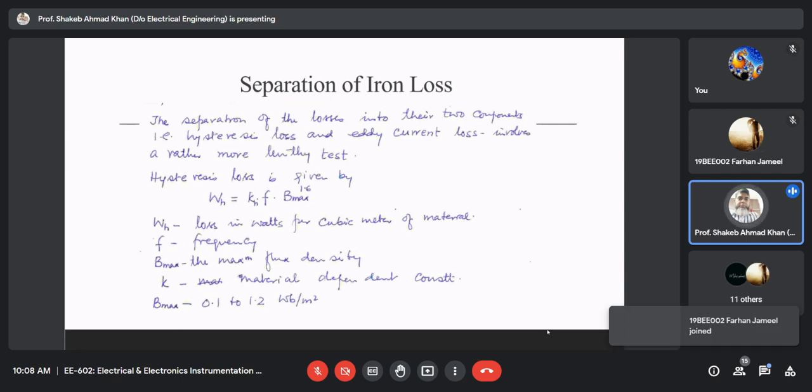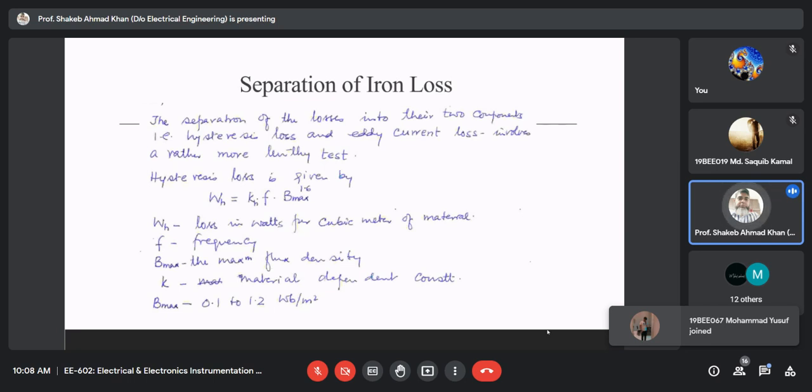The main thing I was discussing yesterday is that when we measure through the transformer open circuit test, we measure the iron loss or the core loss. Iron loss and core loss are the same loss. In the open circuit test, whatever the wattmeter reading is, it is the core loss or iron loss together.